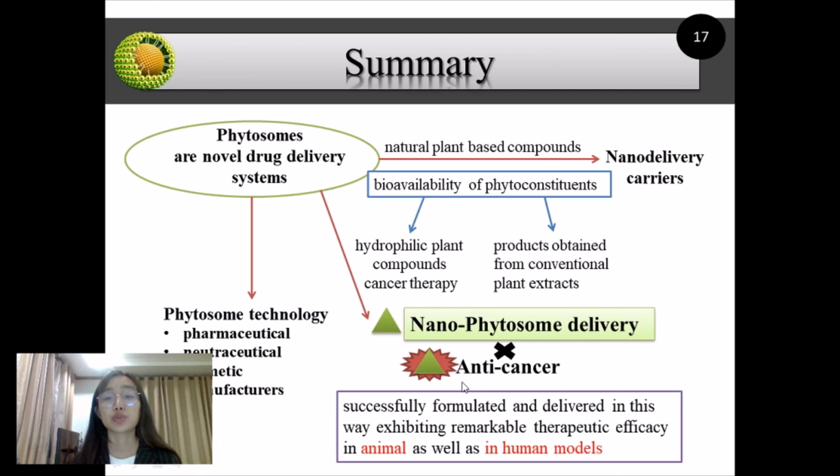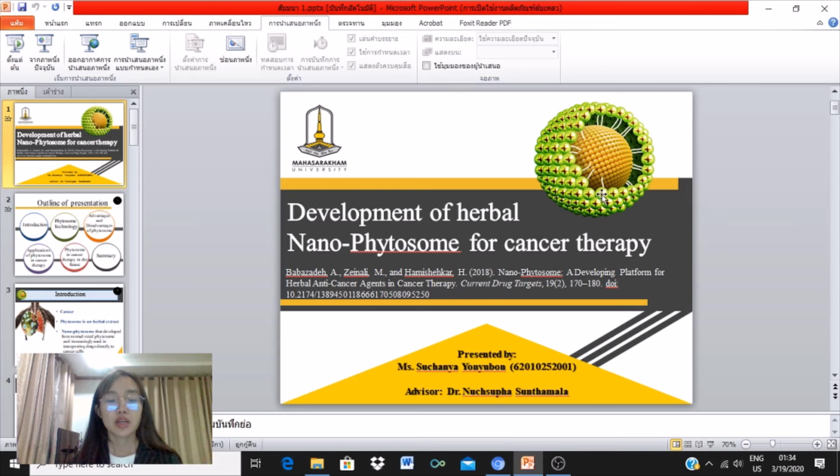Therefore, it can be concluded from the reports and studies that it was successfully delivered in this way, with remarkable therapeutic efficiency in animal as well as human models. In summary, the presentation covers developing new anti-cancer medicine, particularly novel drug delivery systems, to improve pharmacodynamics and bioavailability of drugs and to deliver specific drug concentrations to cancer cells with minimal cytotoxic effects on normal cells.